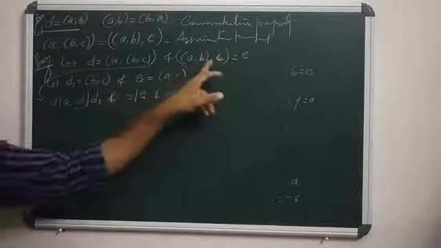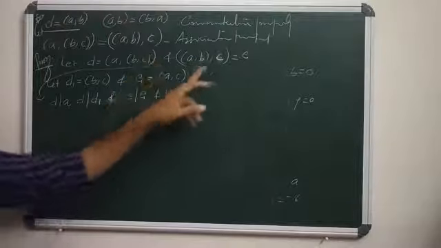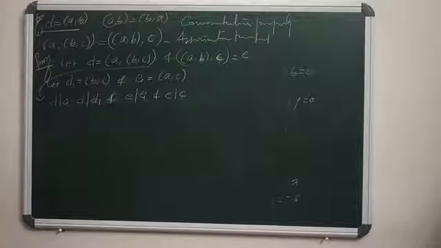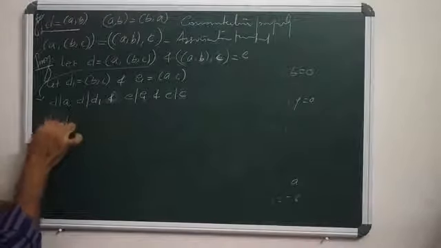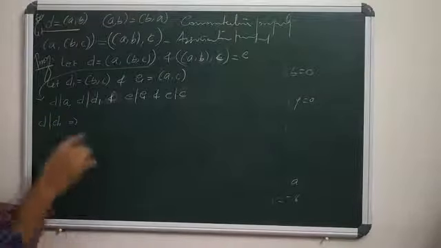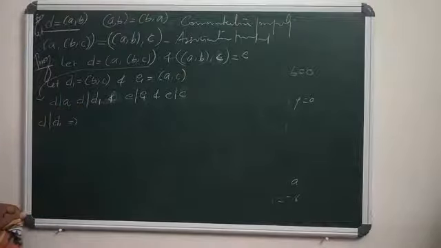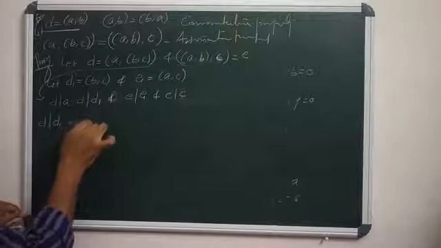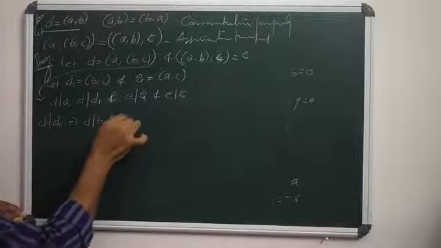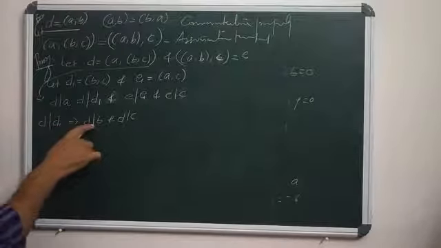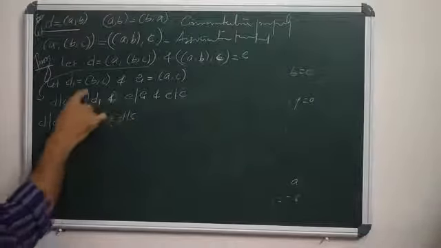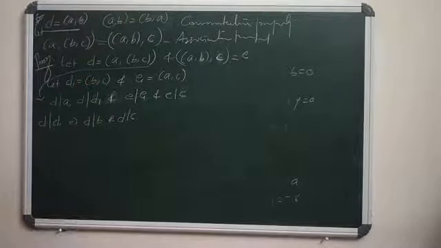E divides the GCD of A and B, which is E1, and E divides C. But D divides D1. What is D1? D1 is the GCD of B and C. So D divides B and D divides C, because D divides D1, and D1 is the GCD of B and C.